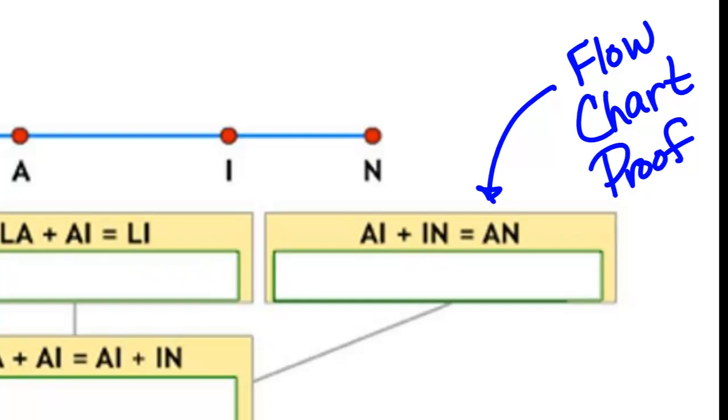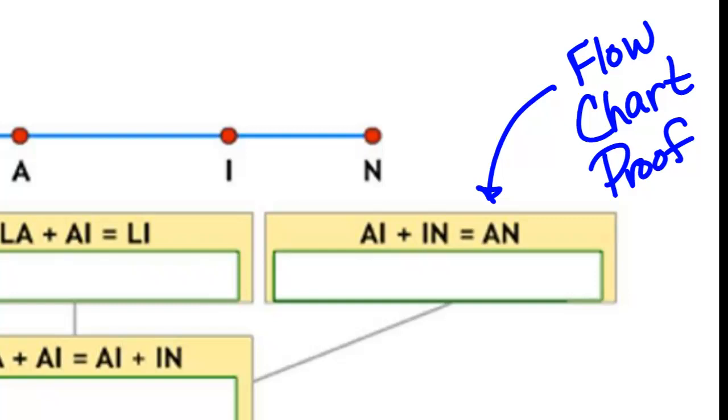With a flowchart proof, this lets me see which pieces of evidence I'm using to make the next statement. So it's got these little lines connecting these pieces. I have to have all three of these pieces of information in order to make this statement here. In a flowchart proof, my statement goes on top and my reason goes right beneath it.